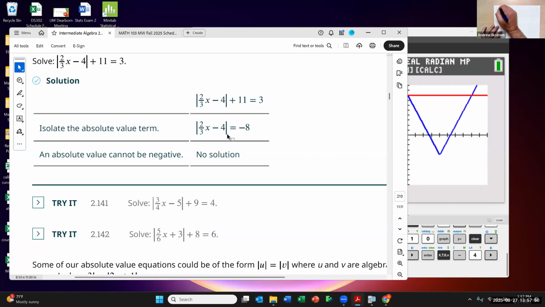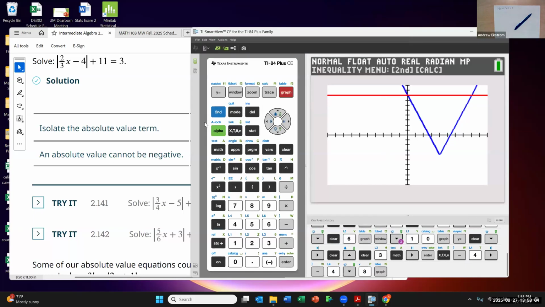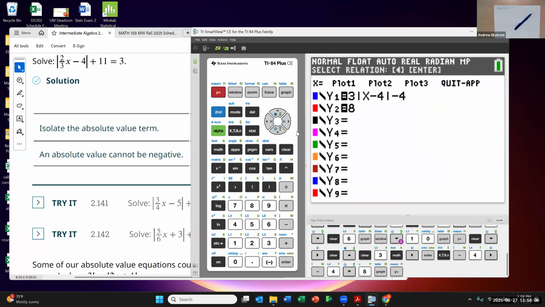But we've got absolute value 2/3 x minus 4 absolute value plus 11 equals 3. So again, I'm going to put this into the graphing calculator. So clear that out, clear that out. The second part is going to be a 3, the stuff up on the top.